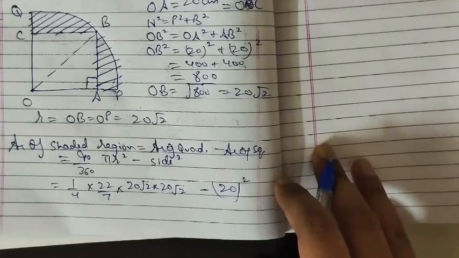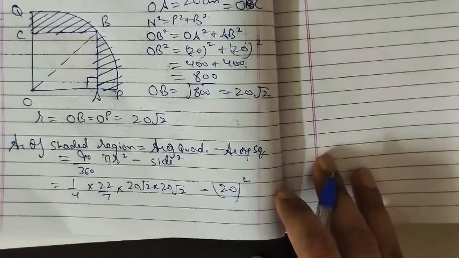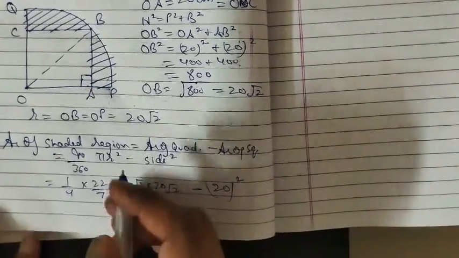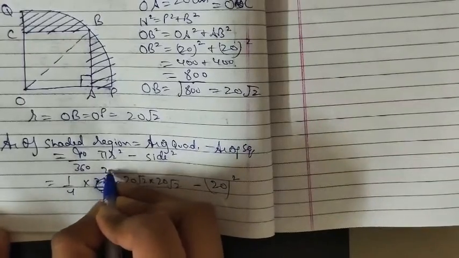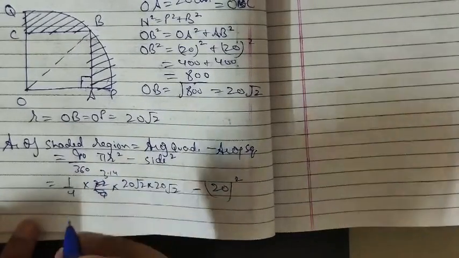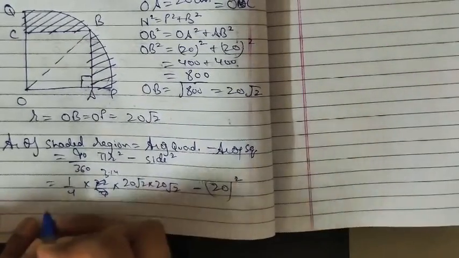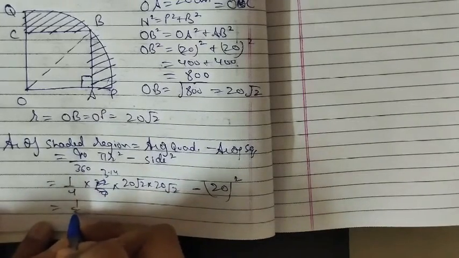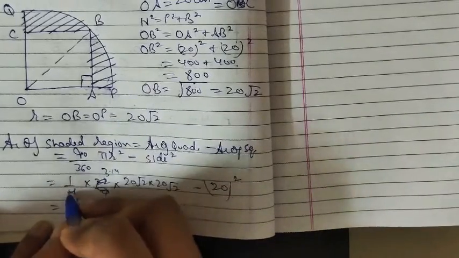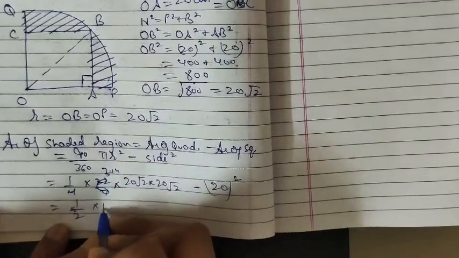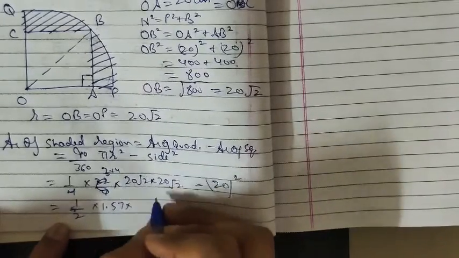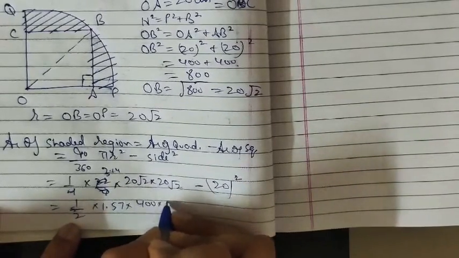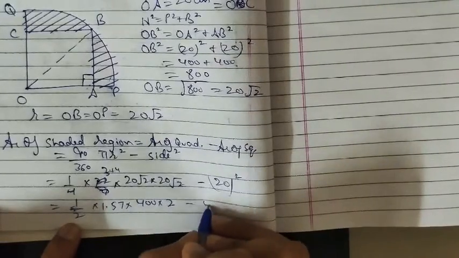On simplifying this, you will get the answer. Here it is given to use pi as 3.14, so use pi 3.14. So this is 1 by 4, 1 by 2 pi, this way this will be 1.57. 20 multiplied by 20 is 400, and root 2 multiplied by root 2 is 2, minus 400.